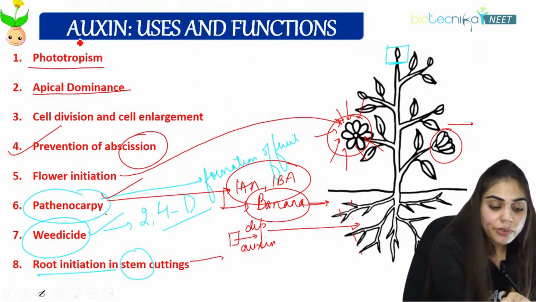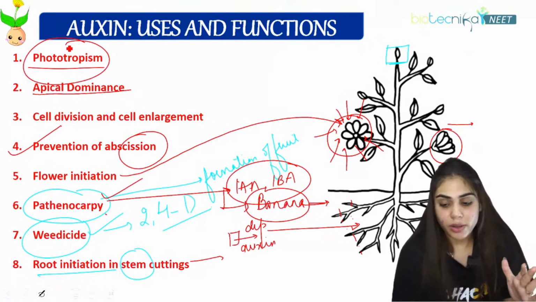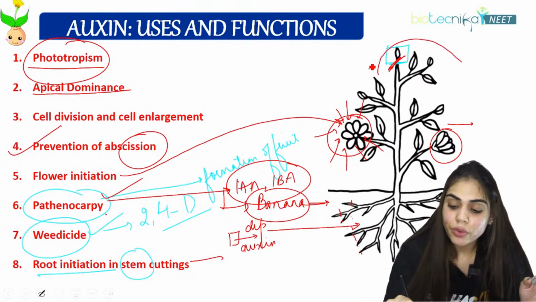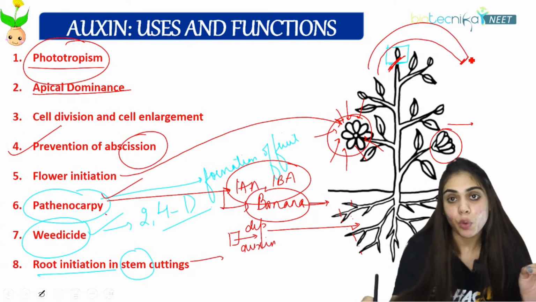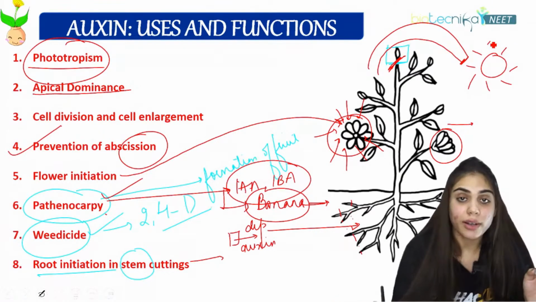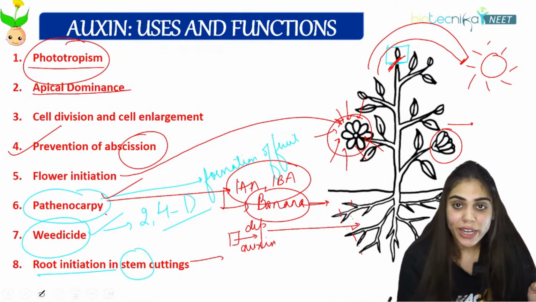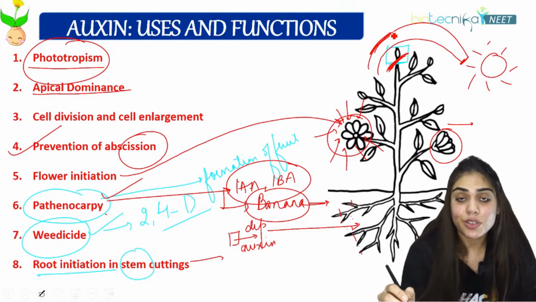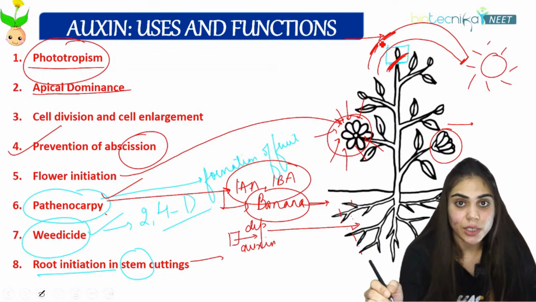And phototropism, we have already seen, if the auxin is accumulated at the tip, it will cause the plant to grow towards the lighter side, meaning where there is sun. This is what is called phototropism. Why is this happening? Because here the auxin is accumulated and it is causing the cells to divide and enlarge.